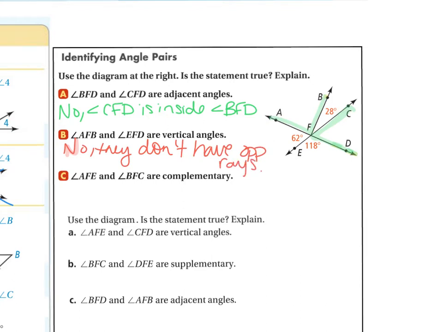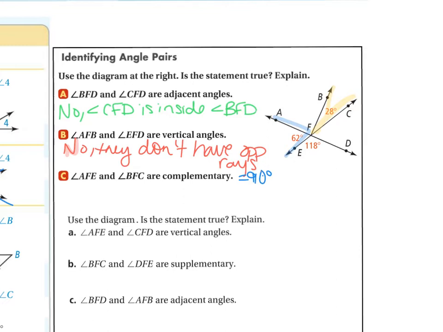All right. The next one, angles AFE and BFC are complementary. So remember, what does complementary mean? It means they equal 90 degrees. So AFE and BFC, do they equal 90?